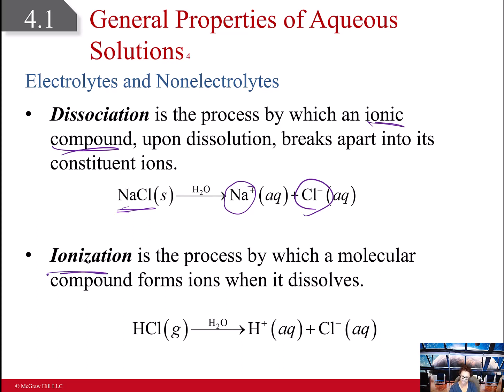Ionization is a process where a molecular compound forms ions when it dissolves, and we see this in the case of strong acids, which will break into an H+ or proton and a chloride.